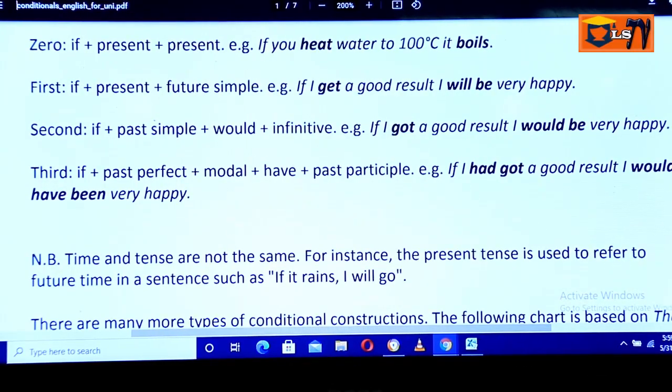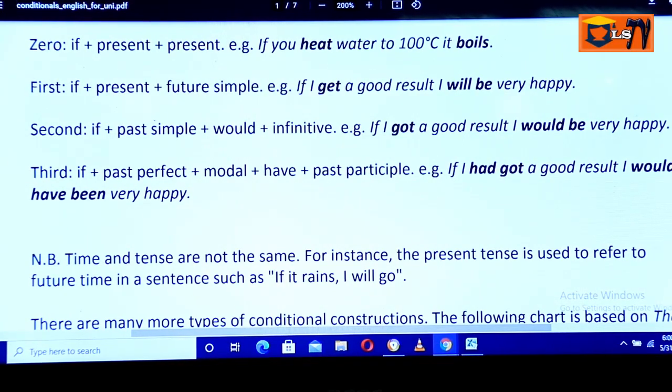Now, let us look at the second conditional. Here, if plus past simple plus would plus infinitive. Let us go through the example and see. If I got a good result, I would be very happy.